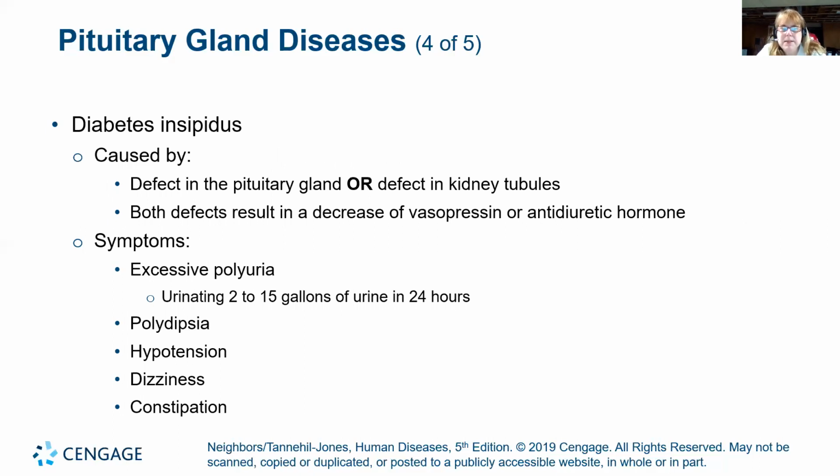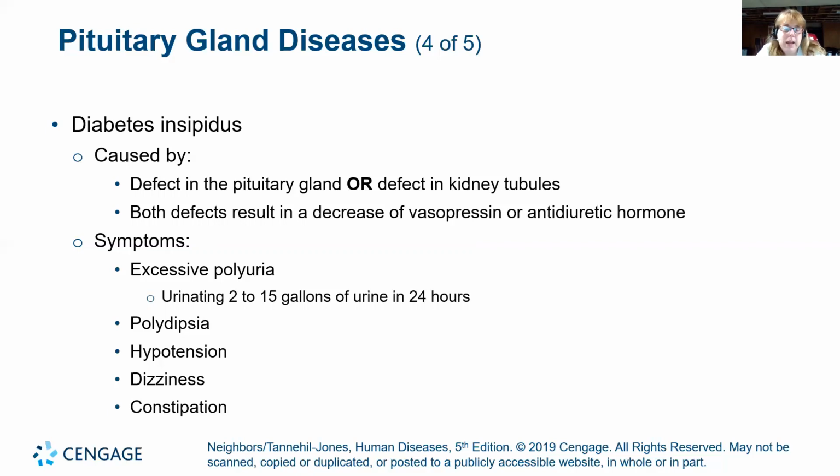The defect results in a decrease of vasopressin, or antidiuretic hormone. People are so excessively thirsty that they've been known to drink gallons and gallons of liquid, and they are urinating 2 to 15 gallons of urine in 24-hour periods.